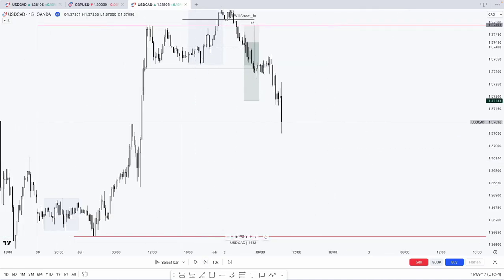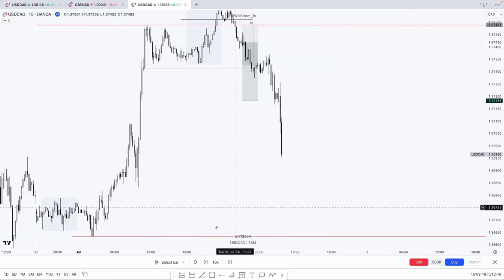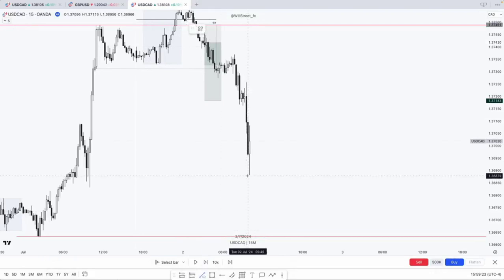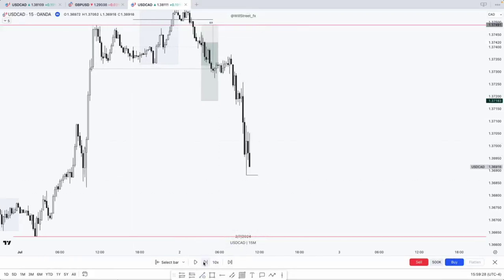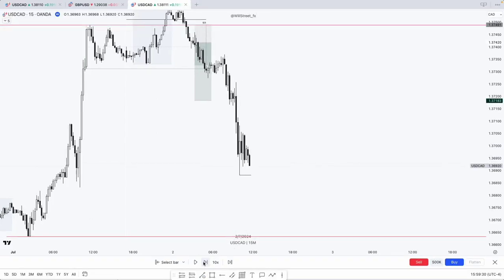What is a good exit candle? The 10 a.m. Here. This was my exit exactly. Oh, sorry, it was this one.